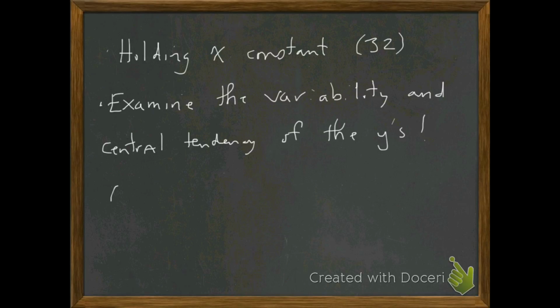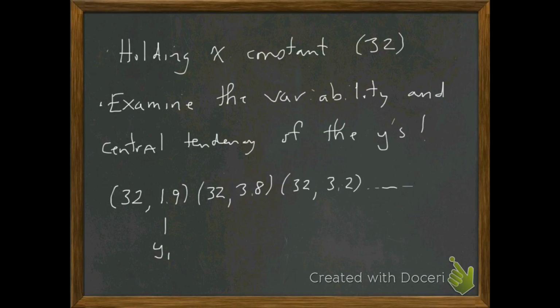So for example, it wouldn't be out of the realm of believability if we had a person with an ACT of 32 that had a 1.9 GPA. Next person with a 32 may have a 3.8 GPA. Another person with a 32 may have a 3.2 GPA, and obviously this could go on and on. So this is my y sub 1, this is my y sub 2, this is my y sub 3. We wouldn't expect these things to be the same, so we expect them to vary.